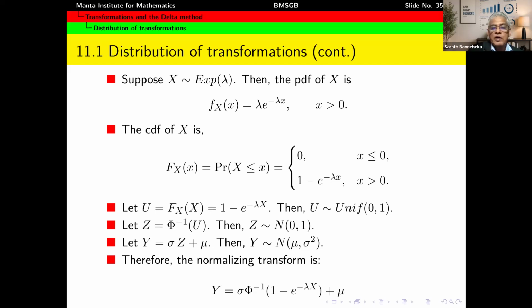So the whole transformation can be written in one line: Y is equal to sigma times phi inverse evaluated at 1 minus e to the power minus lambda x, plus mu. That will be the normalizing transformation from an exponential random variable with rate parameter lambda into a normal random variable with mean mu and standard deviation sigma.